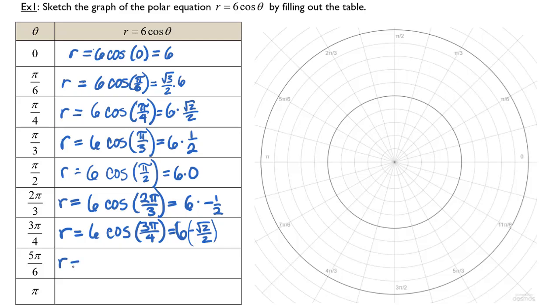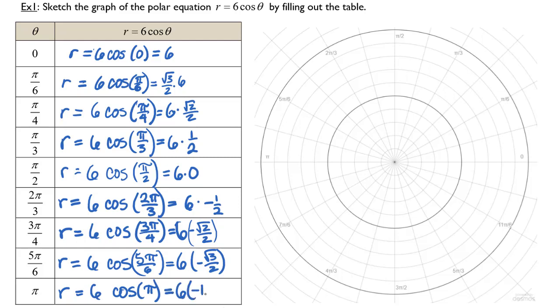The next one is r equals 6 times cosine of 5 pi over 6, which will give me 6 times negative root 3 over 2. And lastly, r equals 6 cosine of pi, which is equal to 6 times negative 1.